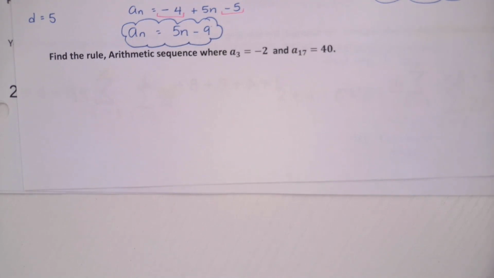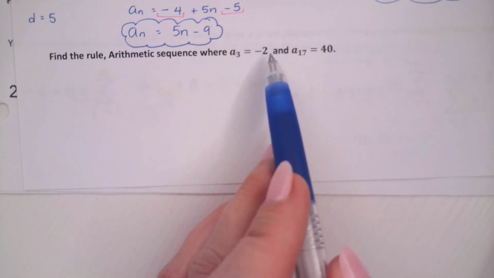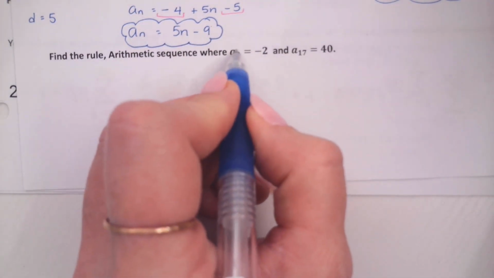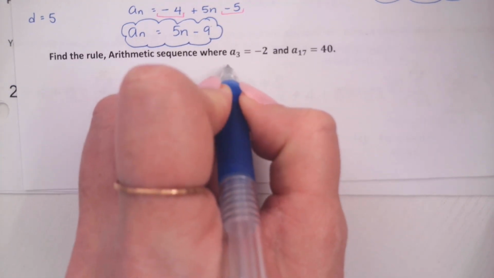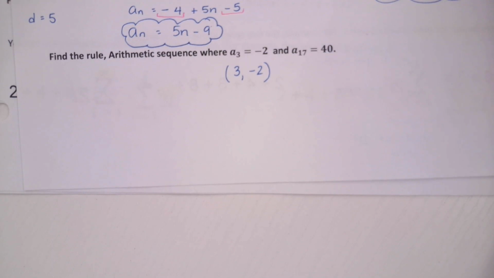Okay, you got the answer for the slope? These two are basically kind of like points. So this is telling you the third term is -2.